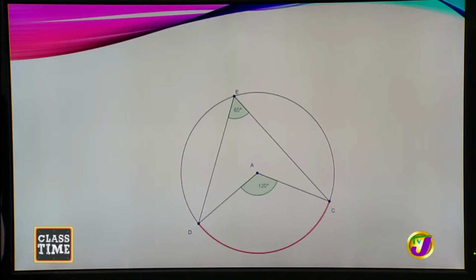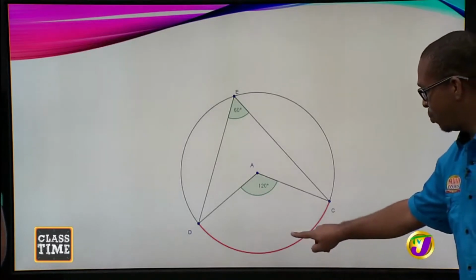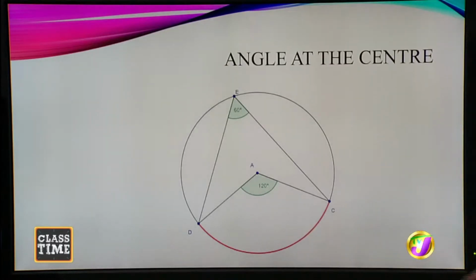Okay, okay. Let's see what would happen if we change the values of these figures. Ooh, computer magic. Wow.